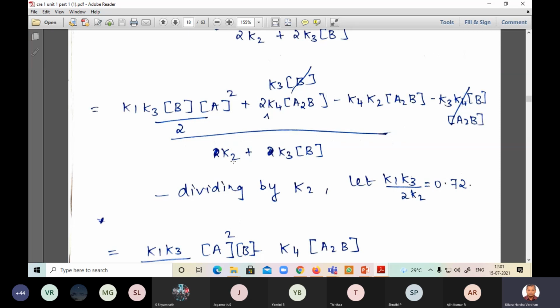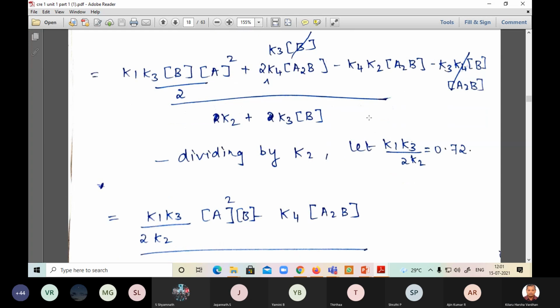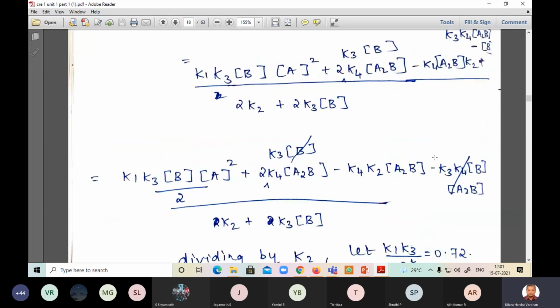If you divide by K2, then what will happen here? K1 K2 by K2 will be there. Then here K3 by K2 will be there. Here K4 K2 by K2 will become, so K2 and K2 get cancelled out. And K1 K3 by 2 K2 is 0.72. Why?